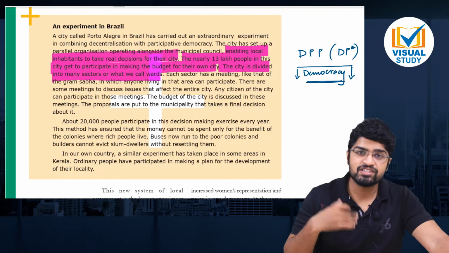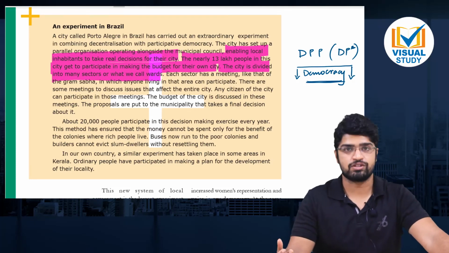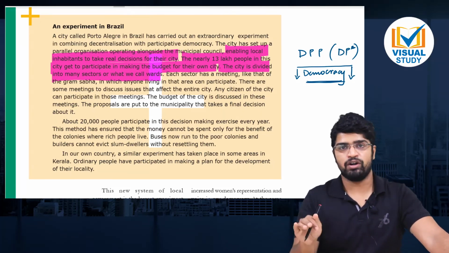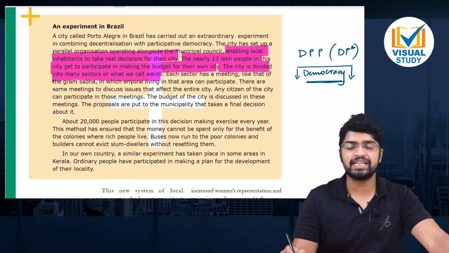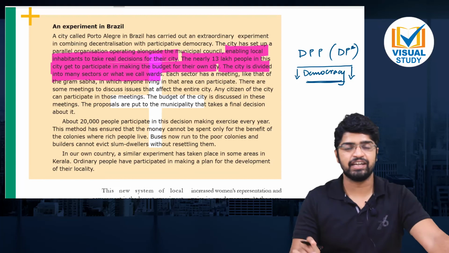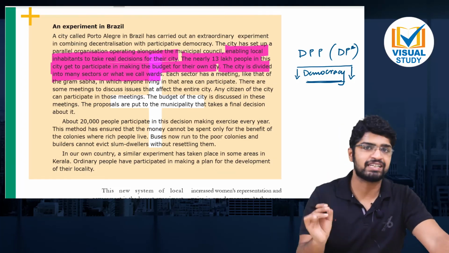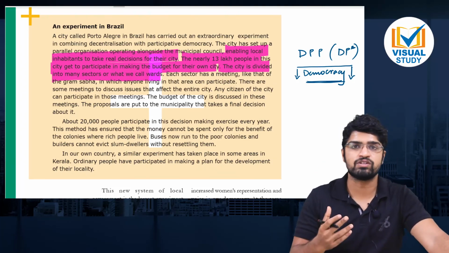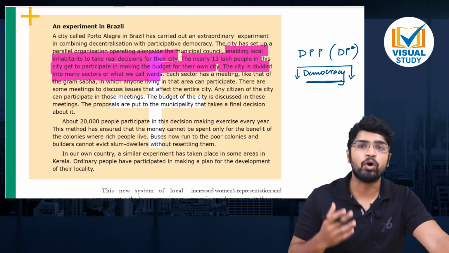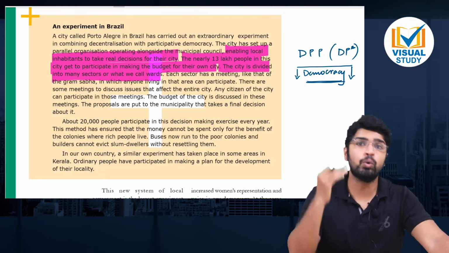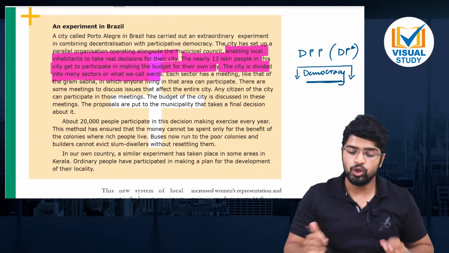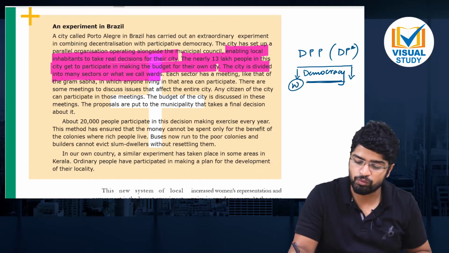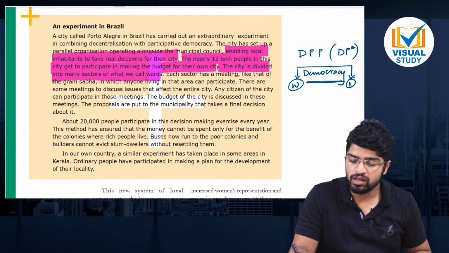Now, why has this direct people's participation been so successful? Every ward, every sector has its own problems. And if the representatives of that same sector come, if the people from this sector come together and share their problems, of course it will be successful for the local bodies to understand the problems of that area as well. So for every ward, there is a local governmental body.